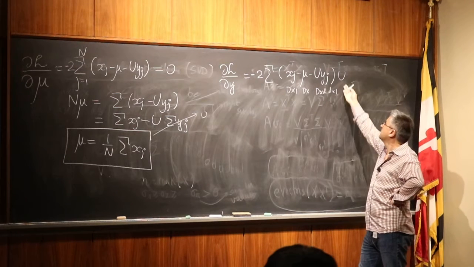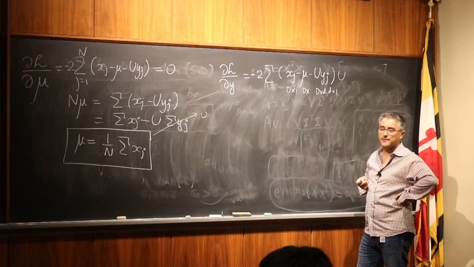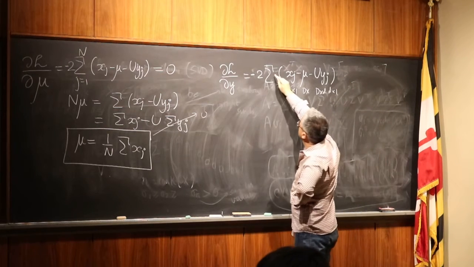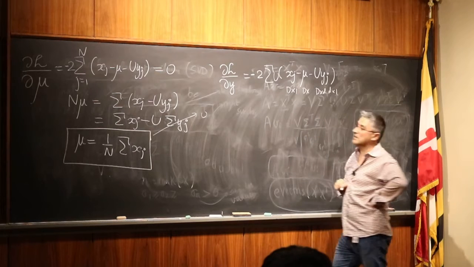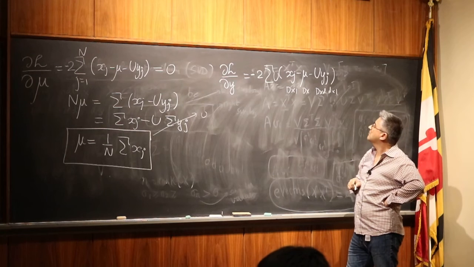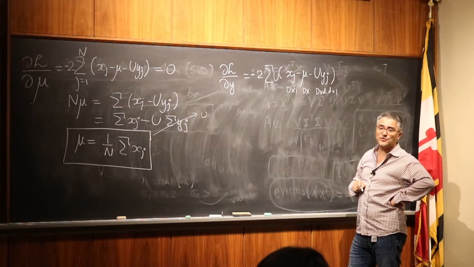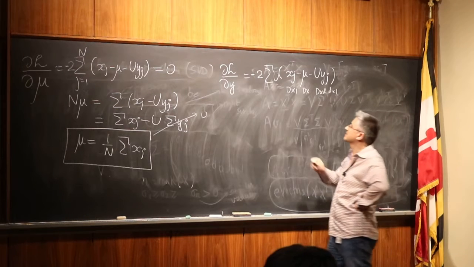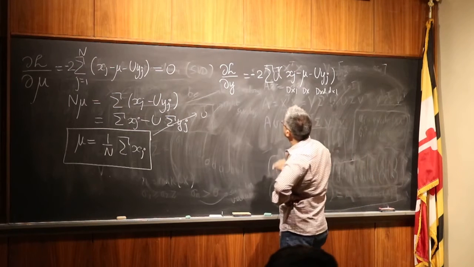So u on the right is not working. Do I then put the u on the left? Maybe I put it here. Does it work or not? Rules of multiplication: the dimensions need to be consistent. So what am I missing? A transpose. So if I put a transpose, then it works.